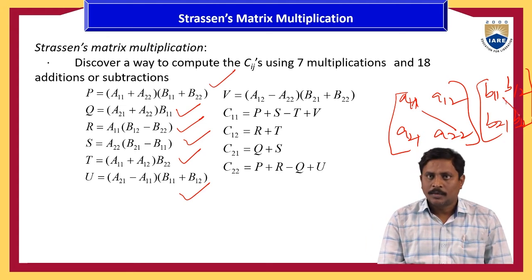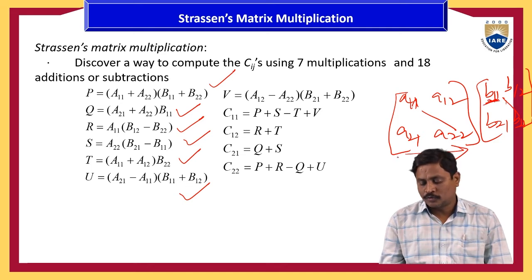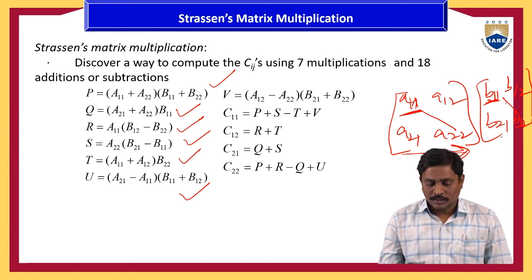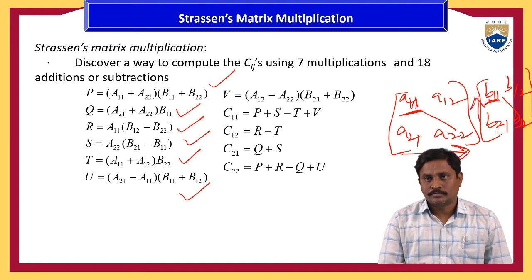The Q value is B11, and here we add the opposite values: A21 plus A22, choosing the second row values. Similarly, the R value is A11 into (B12 minus B22), choosing the second column values and the minus value.